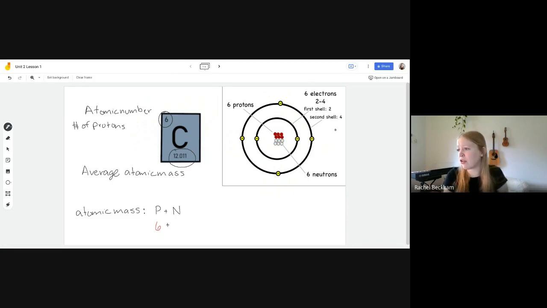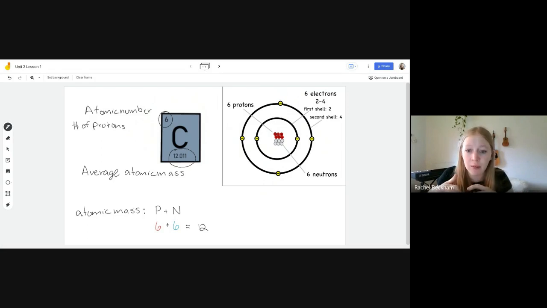When you look at this picture here, how many neutrons do you see? Well, these gray circles are the neutrons. I see 6 neutrons. So in this circumstance there are 6 protons and 6 neutrons, and when you add those together, you get 12. When you look at an individual atom, you can just sum up the protons plus the neutrons.